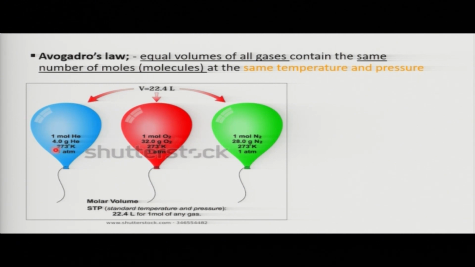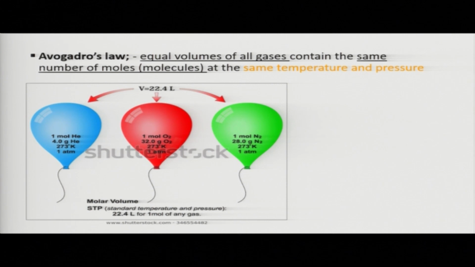But because they are at the same temperature and pressure, 1 atmosphere and 273 Kelvin, which is basically 0 degrees Celsius, they will occupy the same volume.